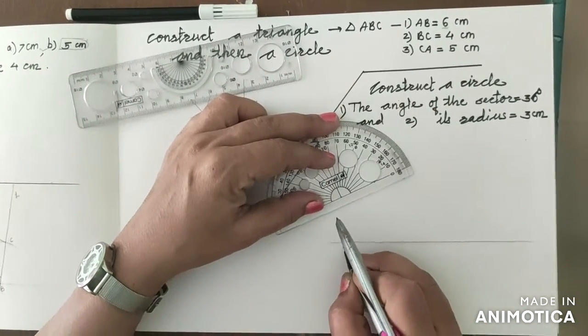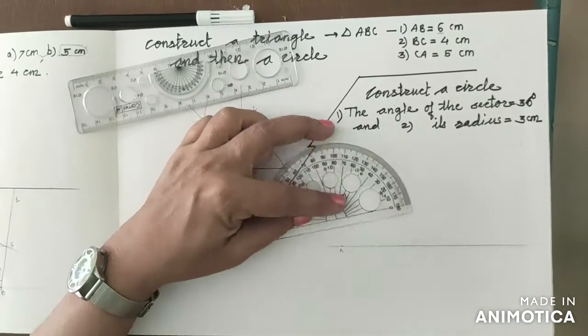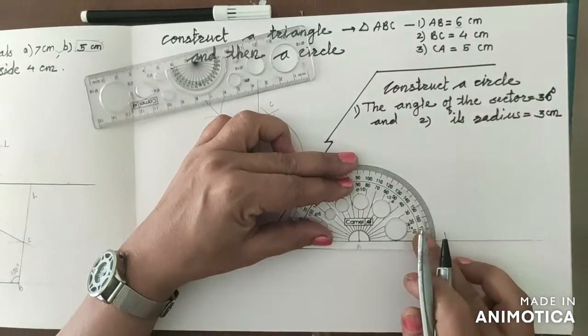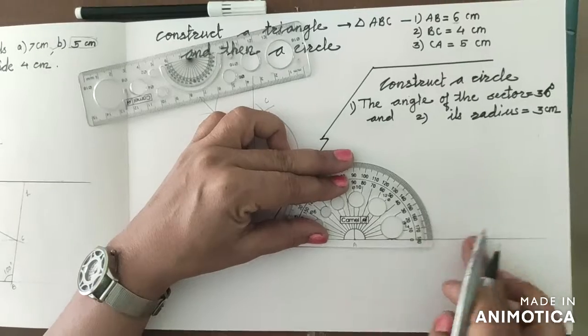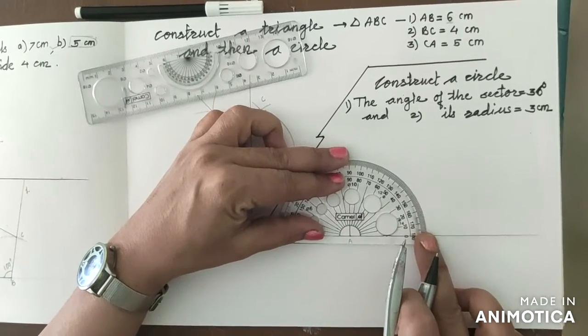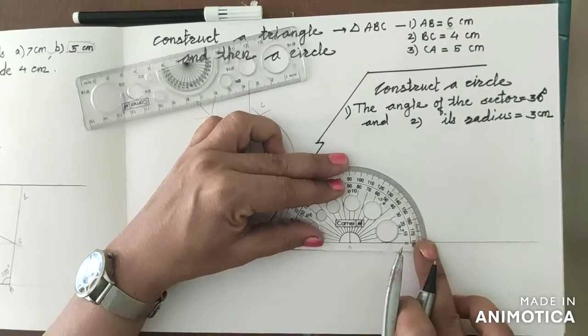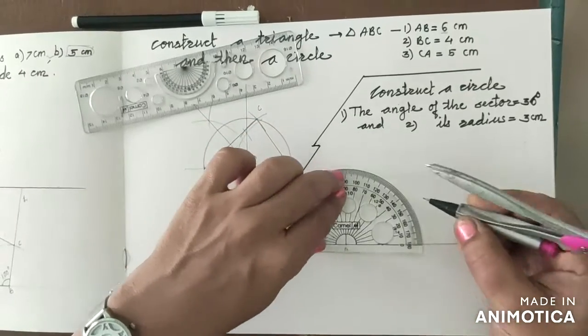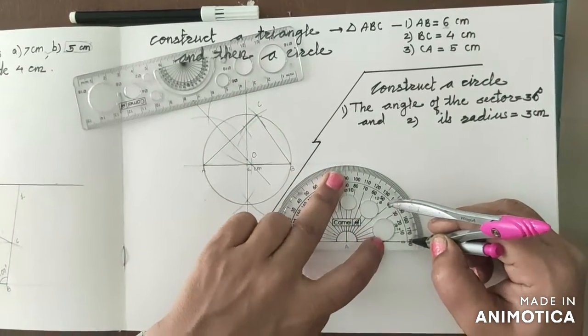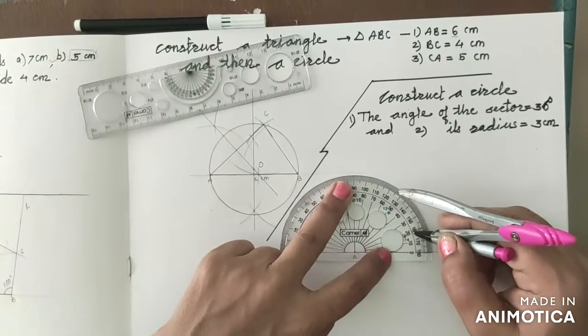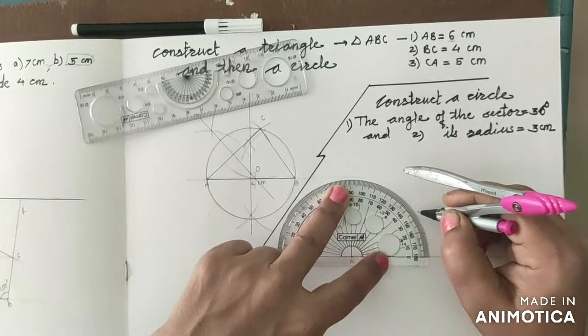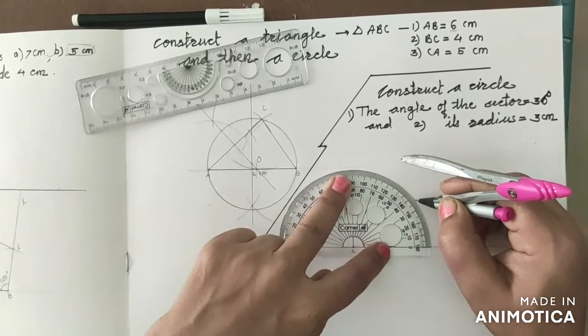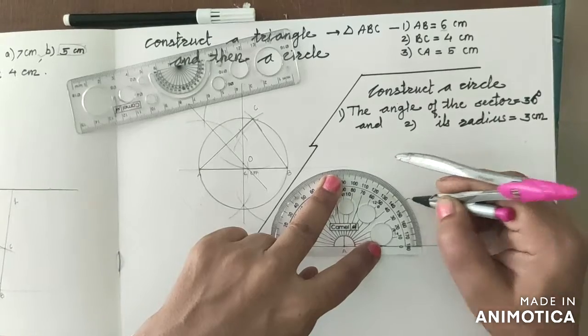Suppose it may be A. Okay, now place your protractor on that line. On the right side, start counting 0, 10, 20, 30 and 36. This much.